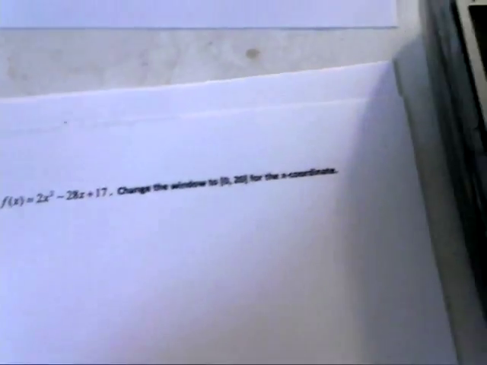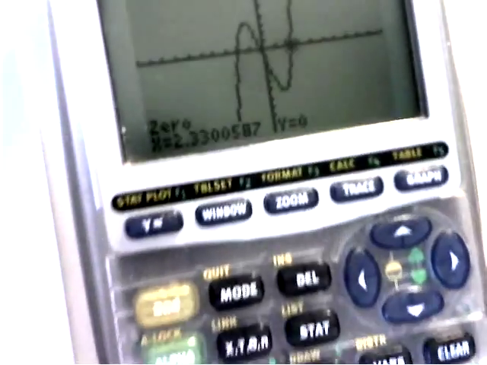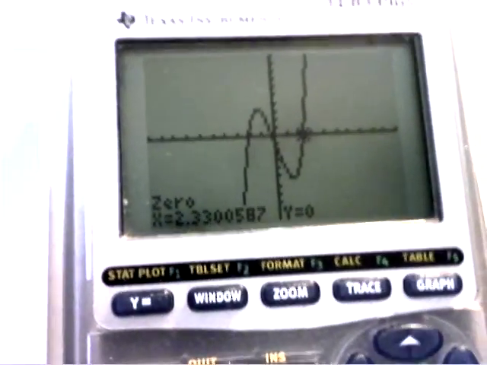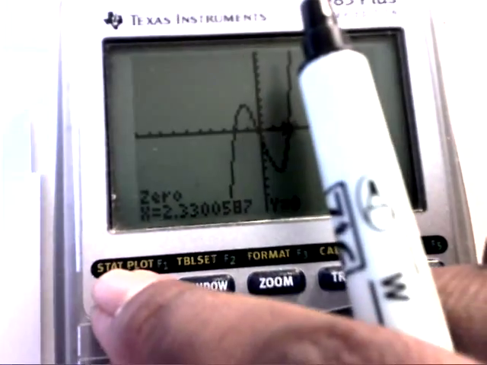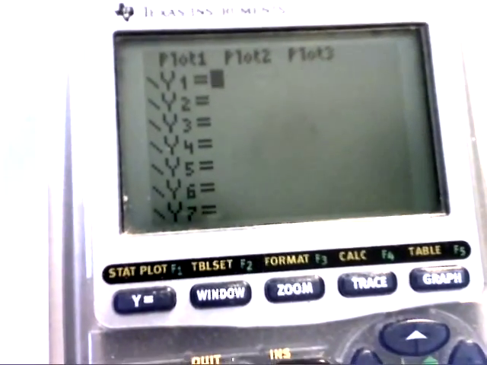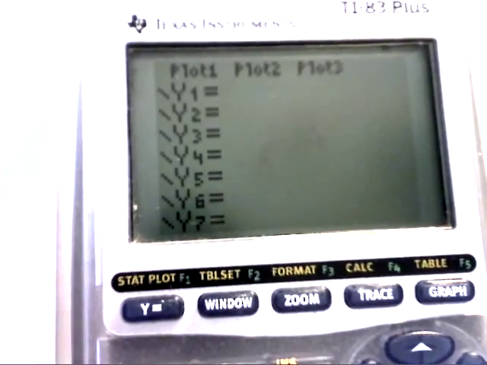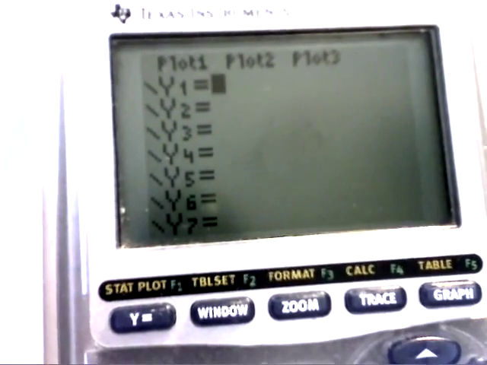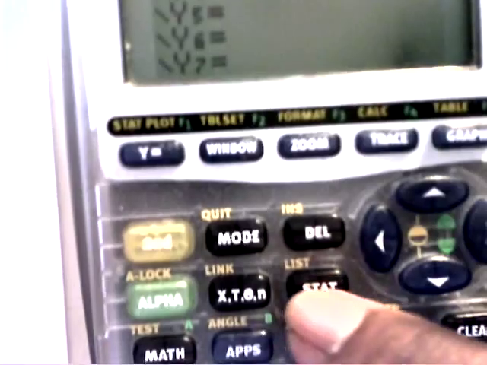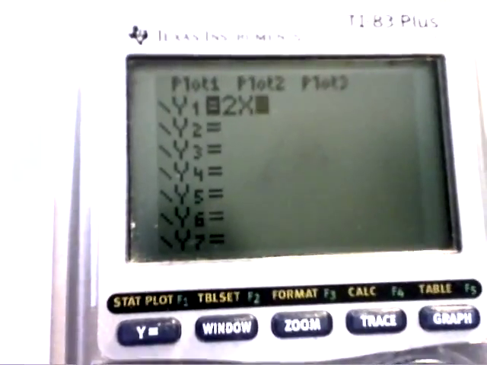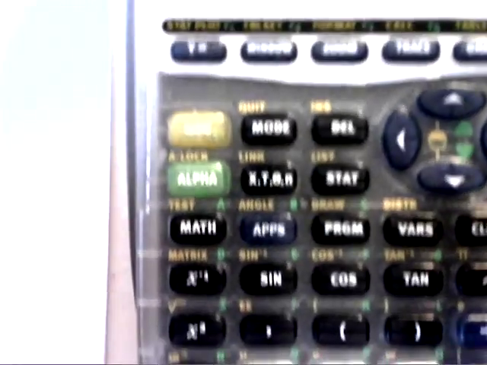Now I'm going to show you how to do that using the calculator. Alright, let's first press the y equal, and then clear this equation out, and we're going to enter that new equation. 2x squared, press the number 2, the X,T,theta key for your x. Now for x squared, there is an x squared button on your calculator.